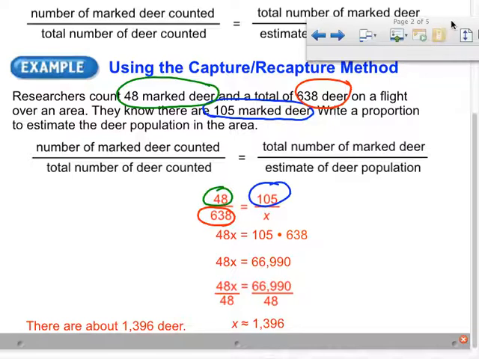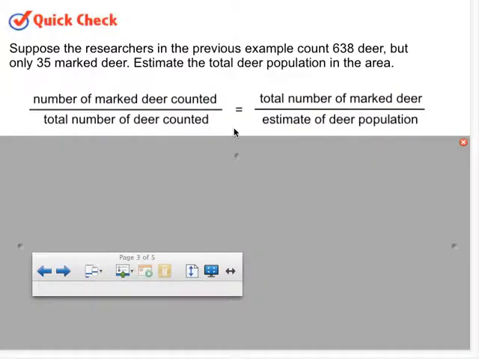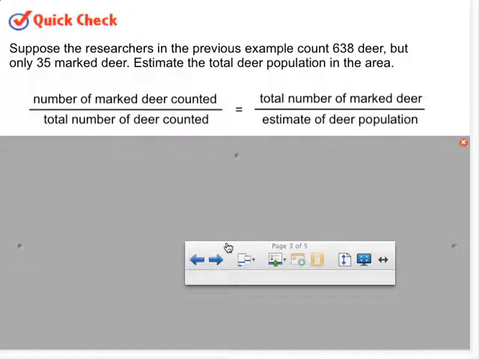Okay. Now, what I need you guys to do, let's just say instead of 48, they only found 35 of the deer to be marked. I want you to recalculate the population estimation. Set it up and solve it. Everything else is the same. 105 deer were tagged originally in the capture step. 638 deer were counted in the recapture step.